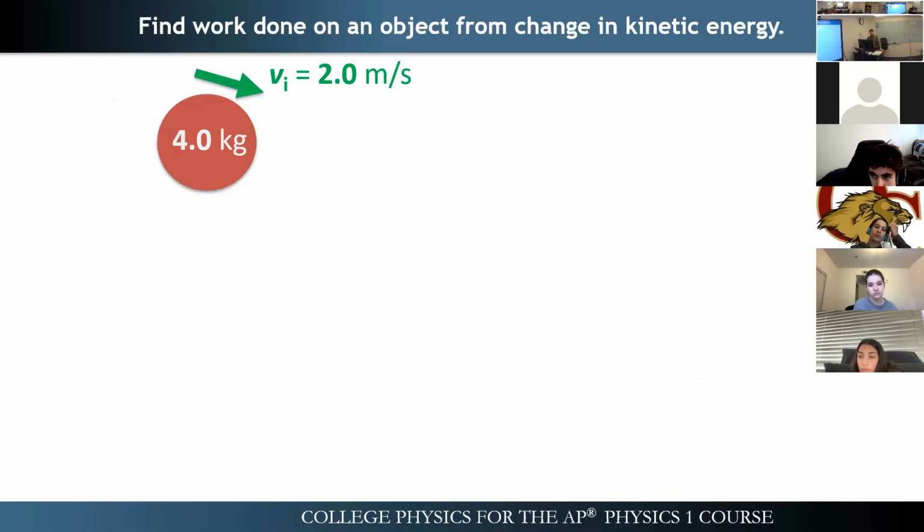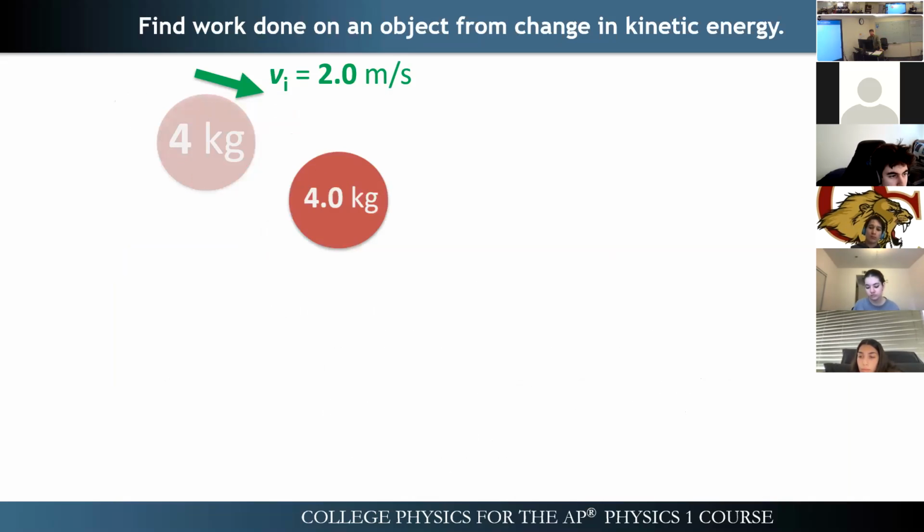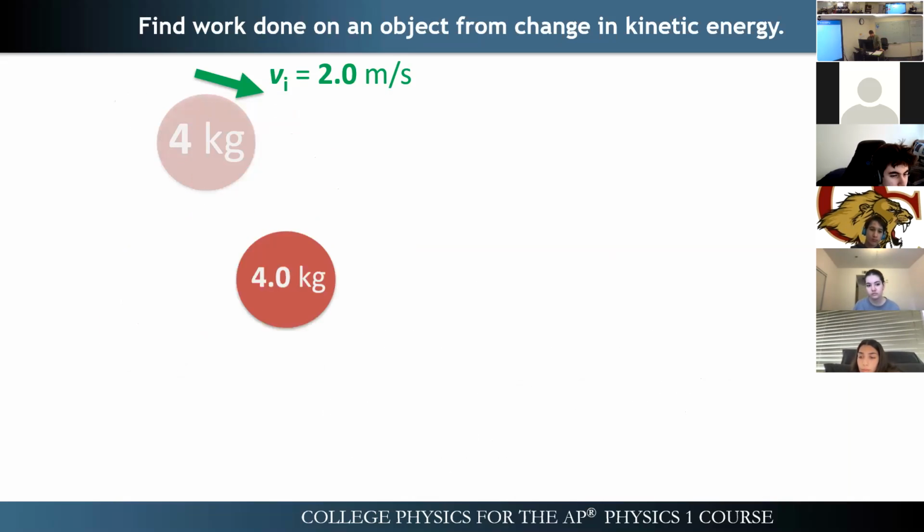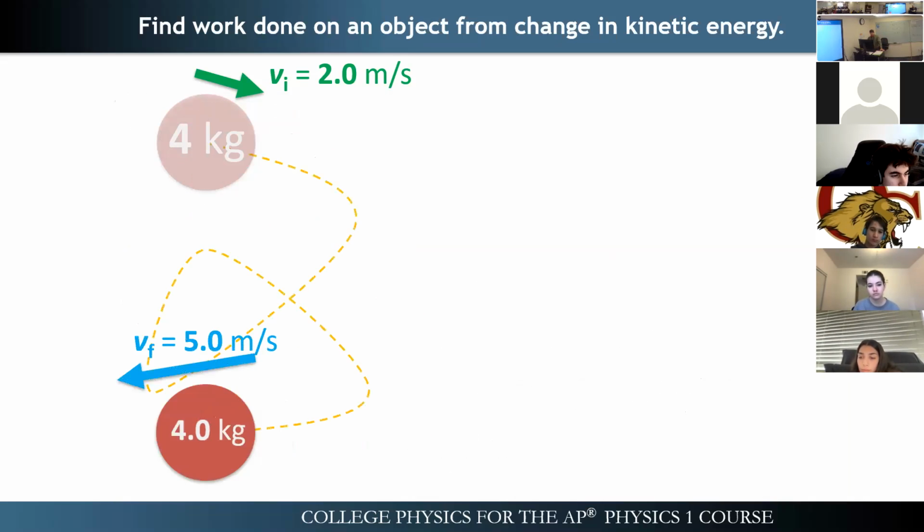All right, what if an object is doing something like this? I'll leave that up to the calculator. So how do we find out the work in this case? Well, force times displacement times cosine theta is not going to work well since its angle keeps changing all the time. But if we know its initial and final velocities, we can still find the amount of work done just by using the work-energy theorem.